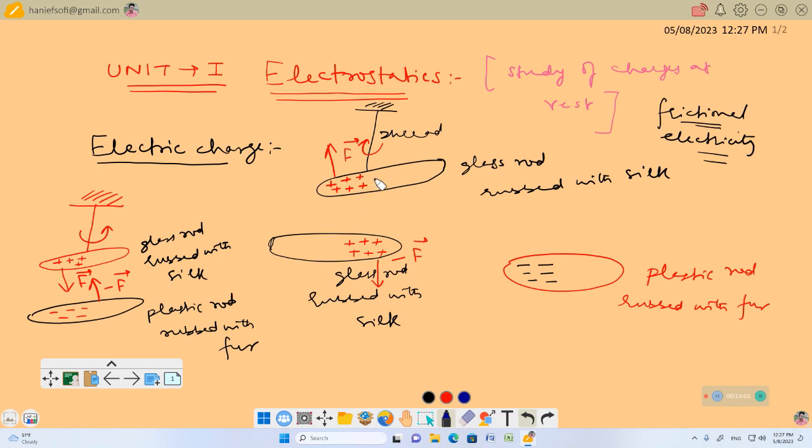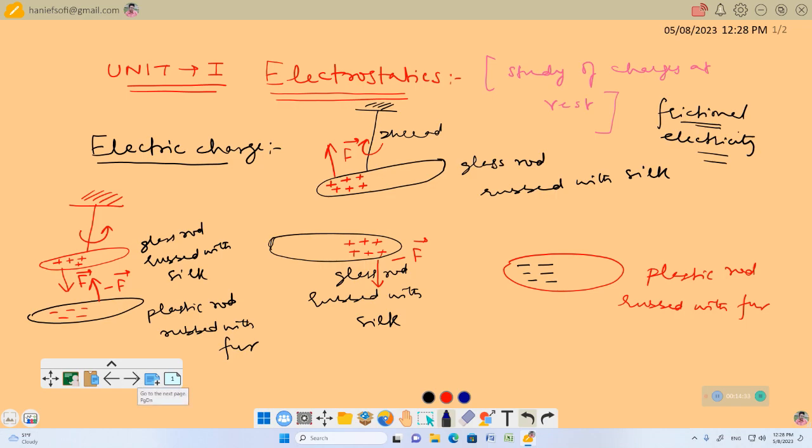We sometimes call it excess charge or net charge. The amount of charge created in this glass rod or plastic rod or any other body is a small fraction of the total charge available in the body. I repeat, the amount of charge created in a body is a small fraction of the total charge present in the body.